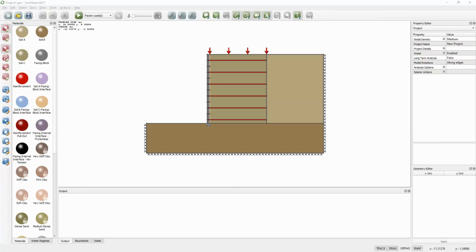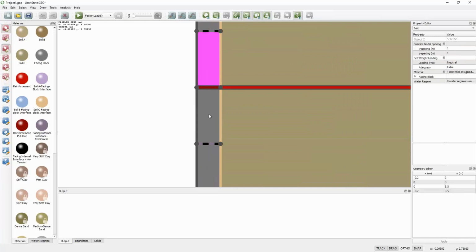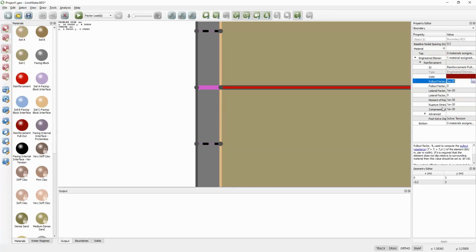I've got a question. Is it possible to put soil nails through a masonry wall? If I zoom in here, you can imagine these are masonry blocks. These are actually concrete facing panels in this particular model. So the nail is where it passes through the concrete block. In this particular model, we've modelled its properties as having a pull-out factor of essentially infinity and a lateral factor of infinity, which means it's locked into that block.